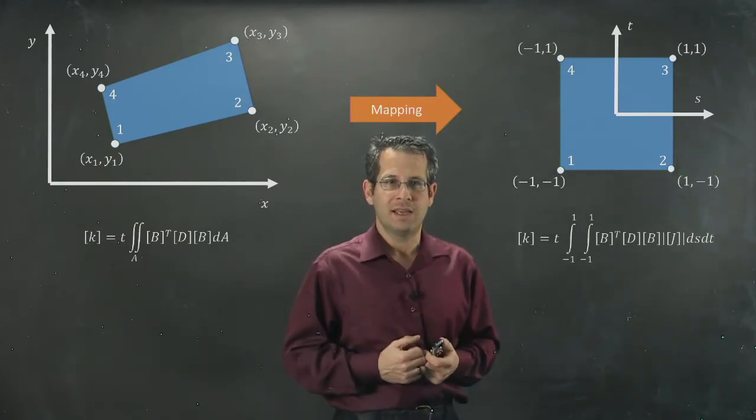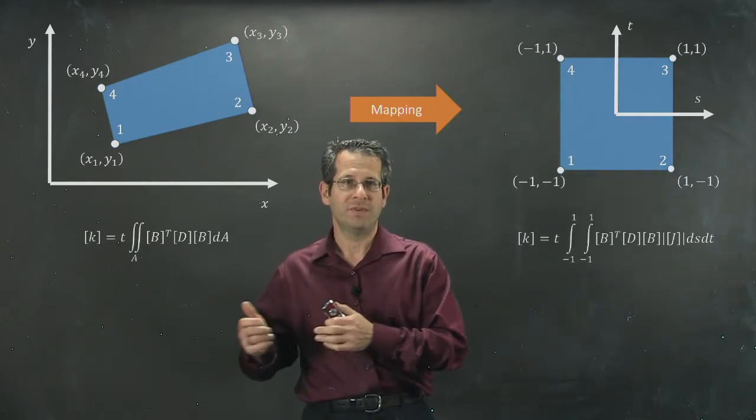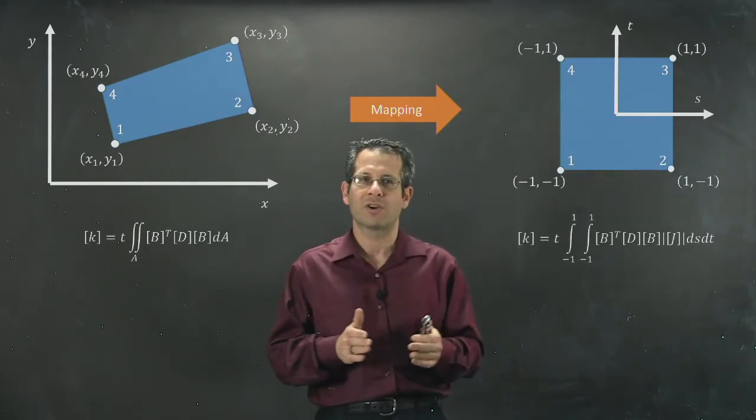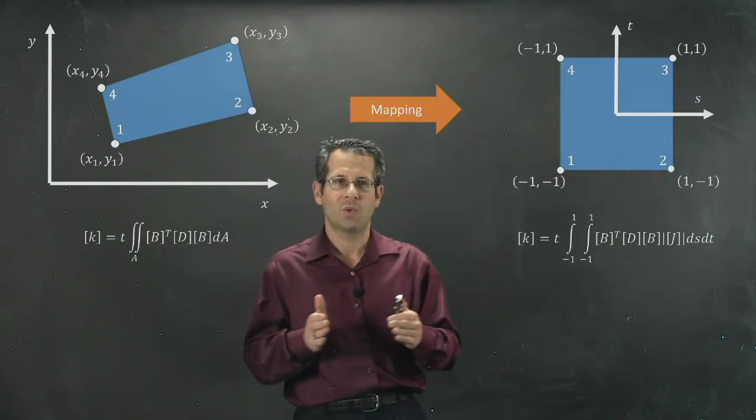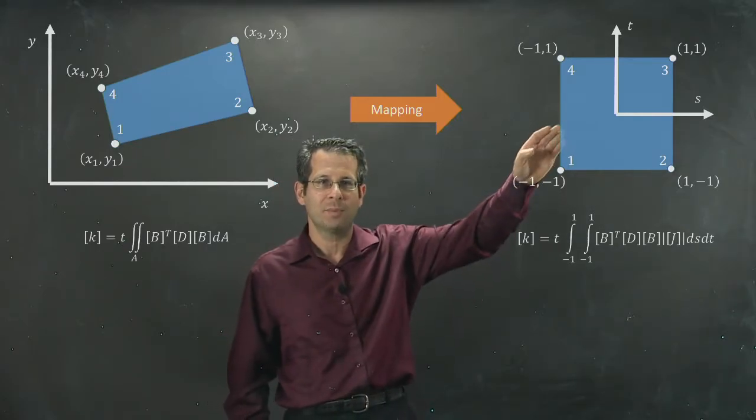And notice that the Gauss quadrature method that we've learned in the previous two videos only works if we're integrating from a domain of -1 to 1. So the Gauss quadrature method is perfectly aligned with the isoparametric formulation.